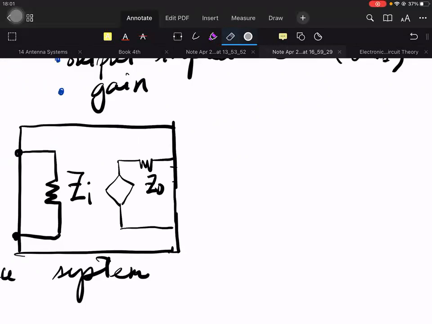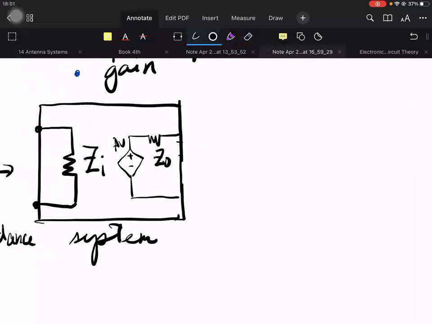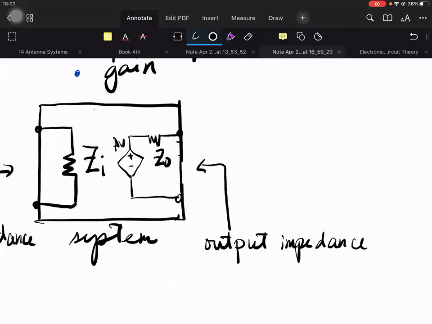This is the gain of the amplifier. Output impedance is the impedance, or the resistance, that could be measured at the output terminal. The gain is something that is inherent to the system.